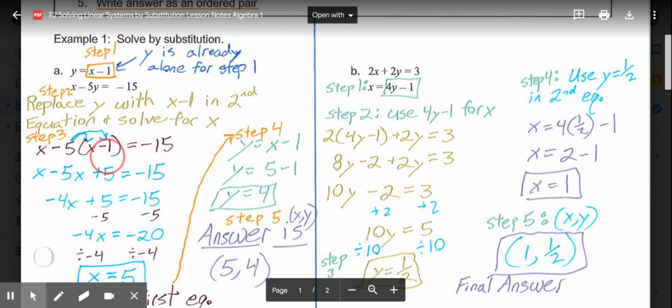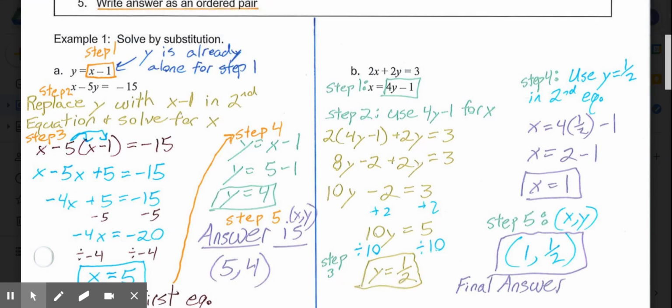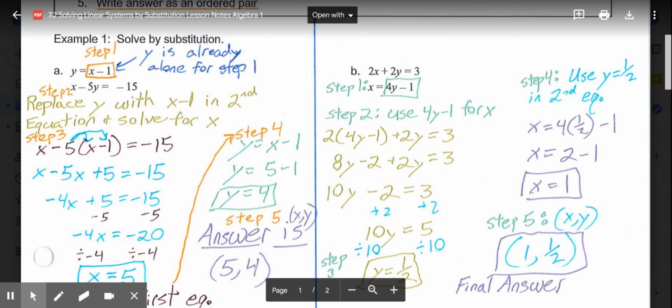Negative 5 times negative 1 is a positive 5. So we have x minus 5x plus 5 equals negative 15. Then we want to solve for x. So x minus 5x can be simplified to negative 4x plus 5 equals negative 15.